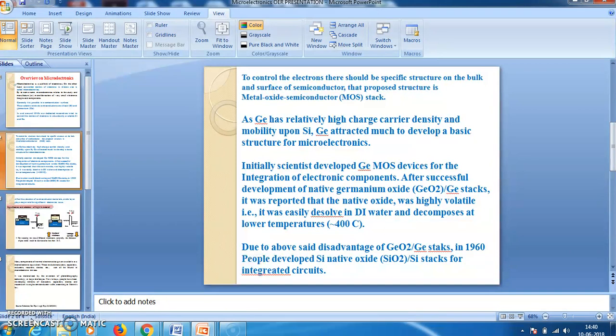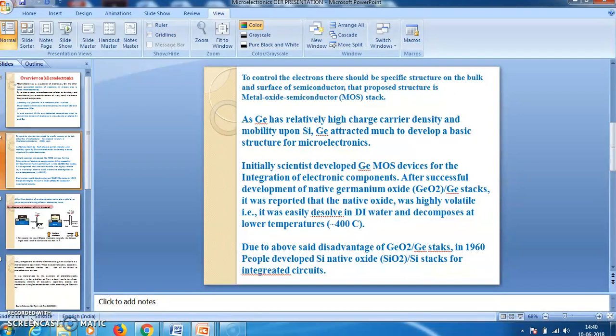an electronic device. That electronic device is nothing but a device suitable to control electrons. They have to define MOS devices, metal oxide semiconductor devices. That means we have to deposit an oxide insulator on the semiconductor, and on that insulator we have to deposit metal.